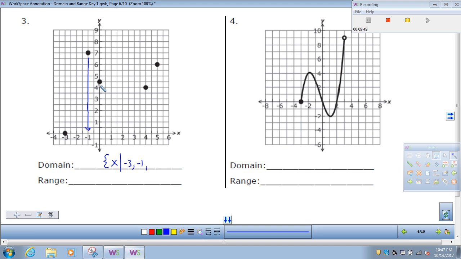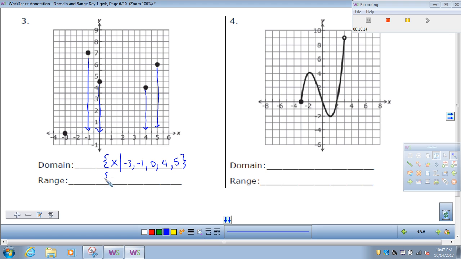And then a lot of people will want to call this 4.5, but that's the y-axis. We've got to go all the way down, and this is 0. So anytime that you're looking at domain, you've got to go to the x-axis to get your answers. Alright, so that is my domain.